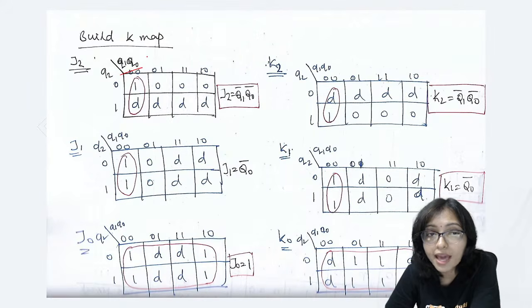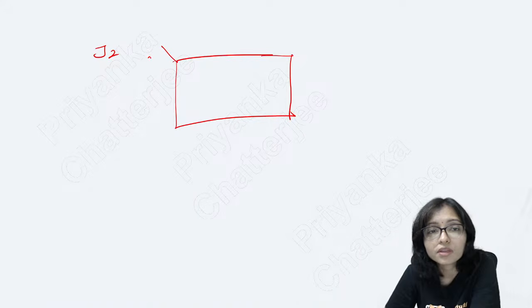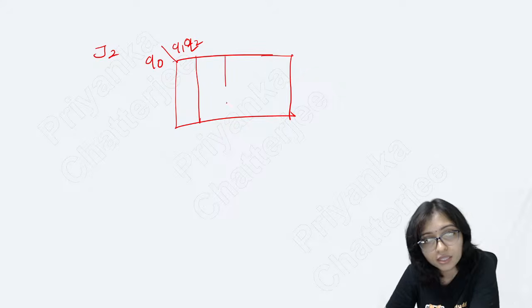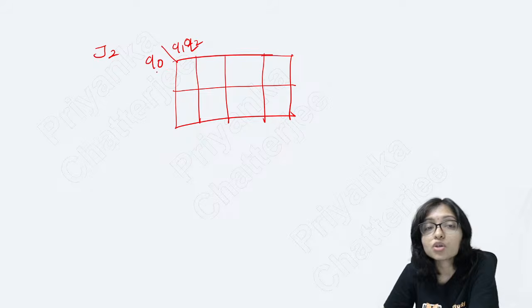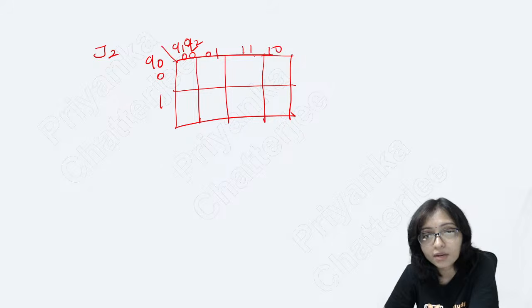I will fill it in this way, because in this way your sequence will be correct. It is 0, 1 and 0, 0, 0, 1, 1, 0, 1, 1, which means it will be 0, 1, 2, 3, 4, 5, 6, 7.